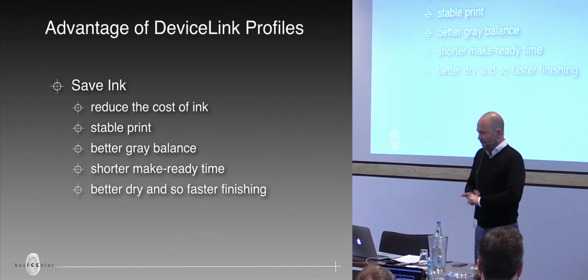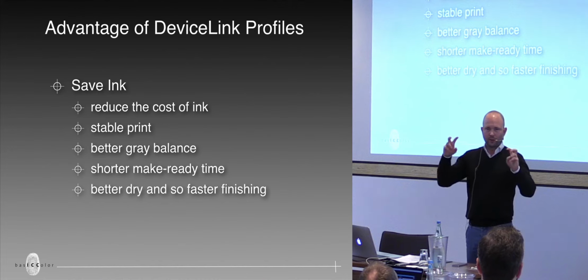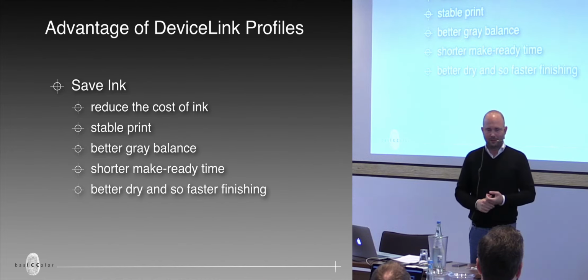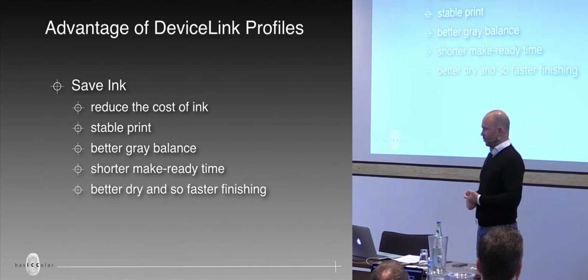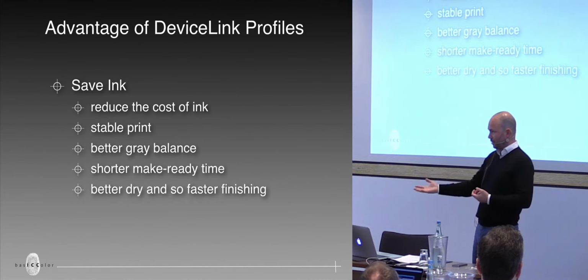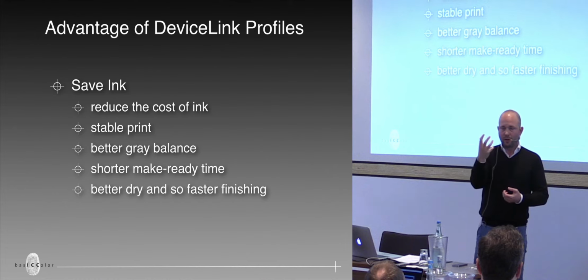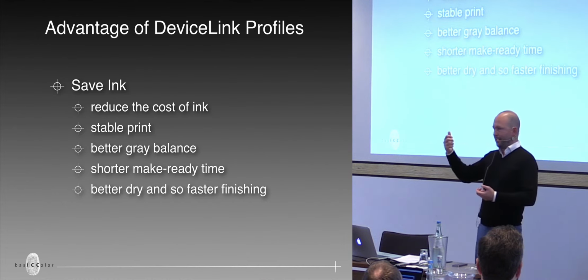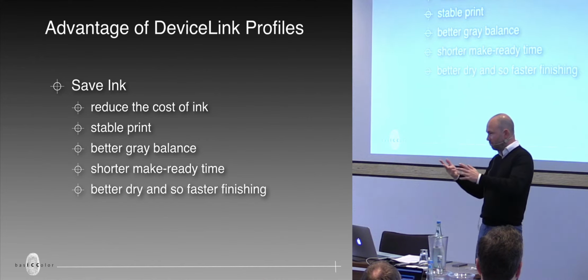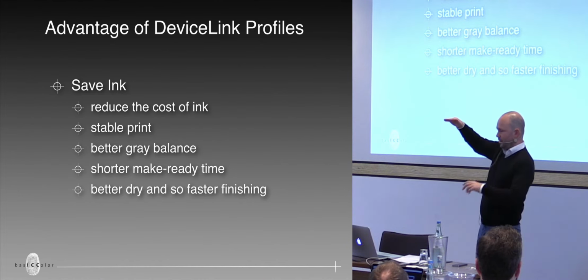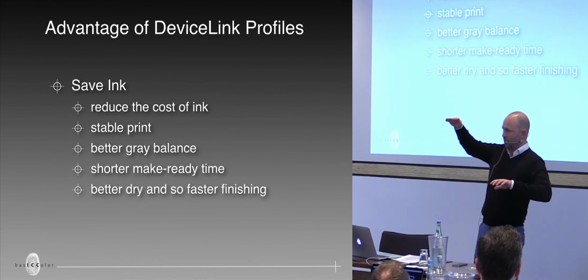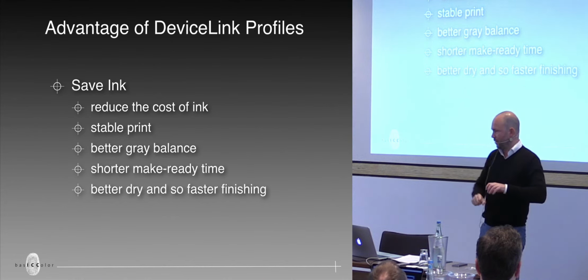A third advantage of a DeviceLink is the so-called safe ink. So that means you can reduce the amount of ink on the paper because, as you know, a brown color tone can be defined with cyan, magenta, yellow, a certain brown tone, or I can say, no, I would like to take a lot of black and just a little bit color to color the brown tone.